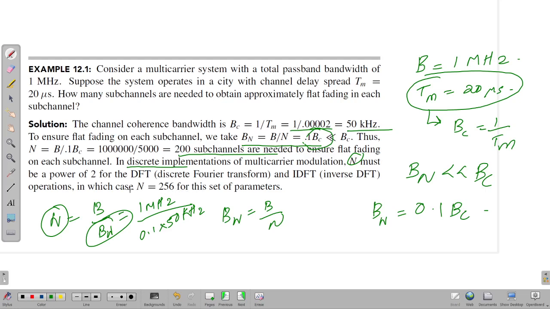When you say you need at least 200 subchannels, then the power of 2 which is greater than 200 is 256. N is equal to 256. So you note down the main points. I'll share the video with you.